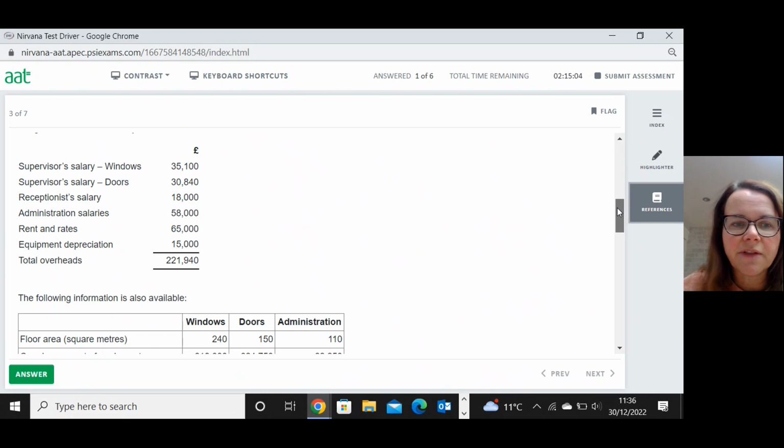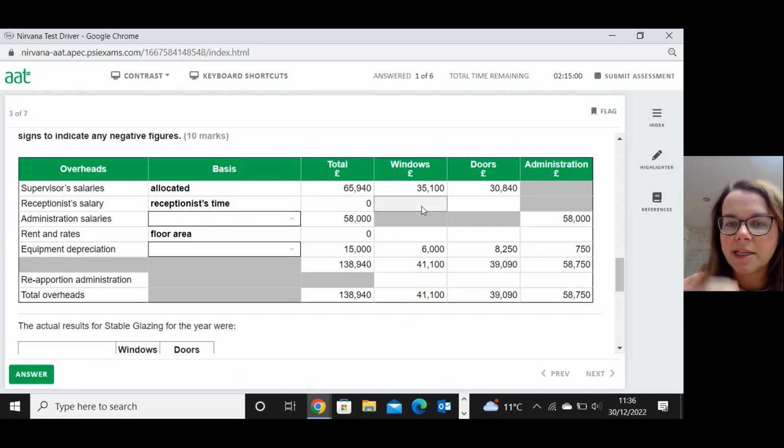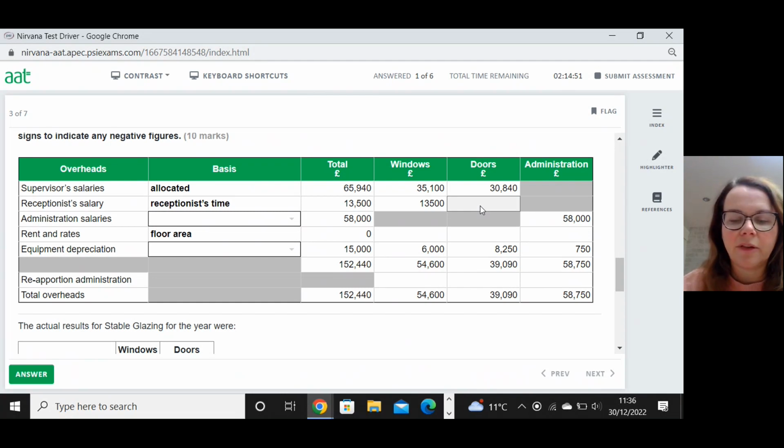So 75% of £18,000 is going to go into the windows department, and 25% of £18,000 is going to go into the doors. Notice when we do that, it fills in the total for us.